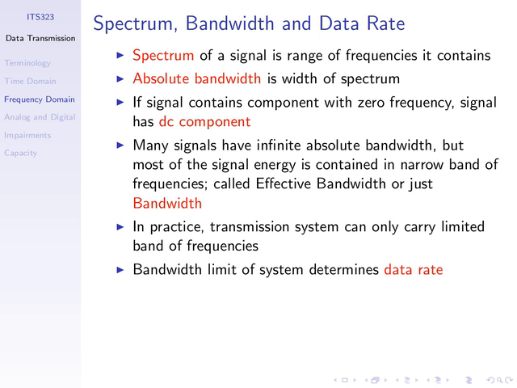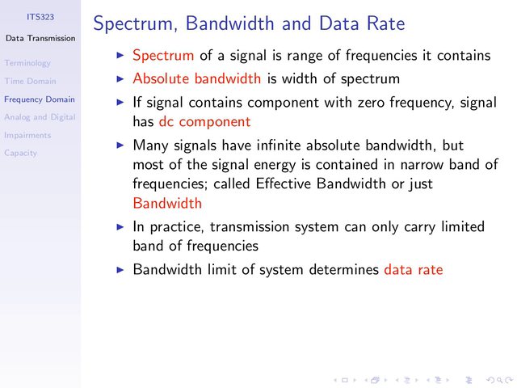We're going to show that the bandwidth of a signal limits the data rate. What's data rate? Data rate is the number of bits per second that we can send. We're sending a signal which represents data. The bandwidth of that signal and other factors influence how many bits per second we can send.